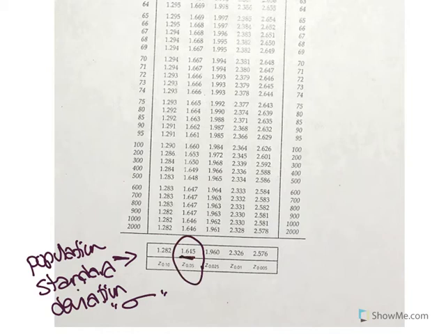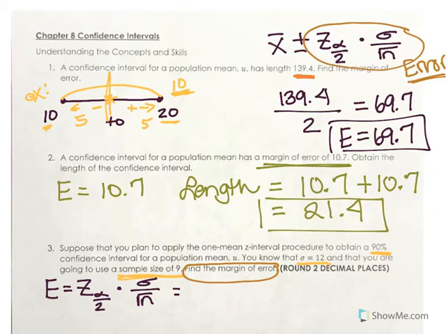So that z-score would be 1.645 times the population standard deviation, which is 12, divided by the square root of n, which will be our sample size of 9.